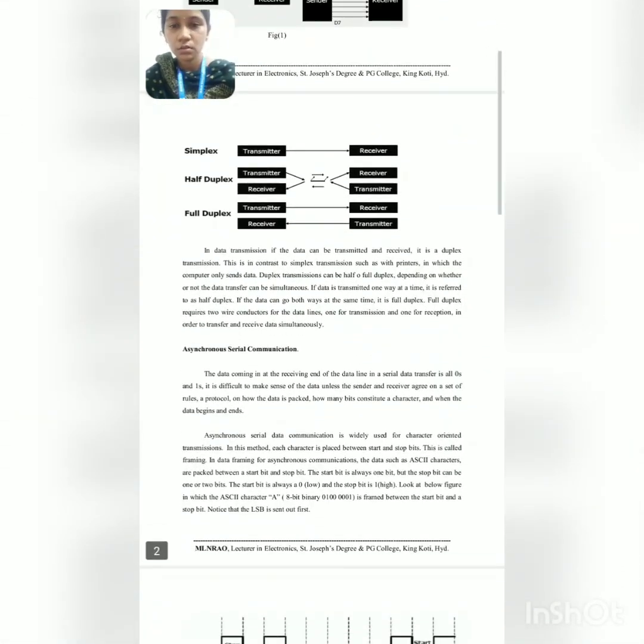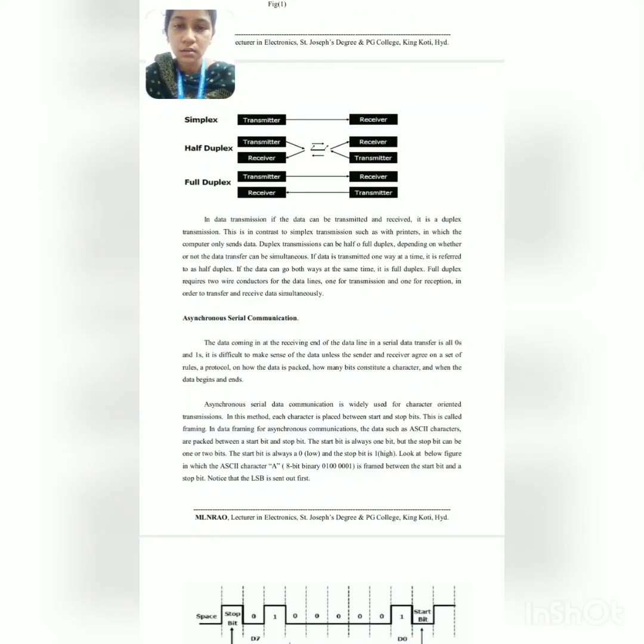Next, simplex means transmitter to receiver. Half duplex, transmitter to receiver, receiver to transmitter. Full duplex, transmitter to receiver and receiver to transmitter at the same time. In data transmission, if the data can be transmitted and received, it is a duplex transmission. This is in contrast to simplex transmission, such as with a printer, in which the data transfer goes one way only.